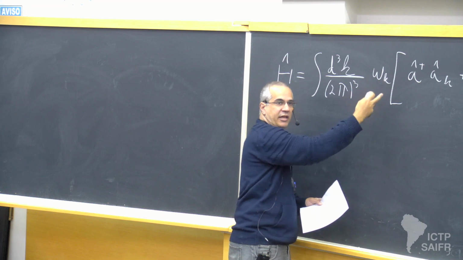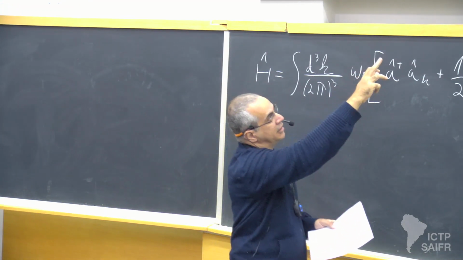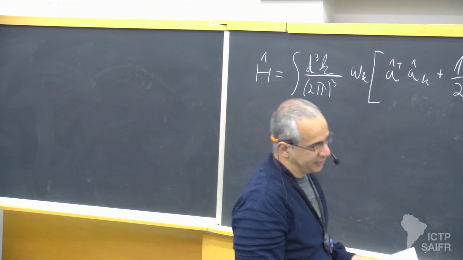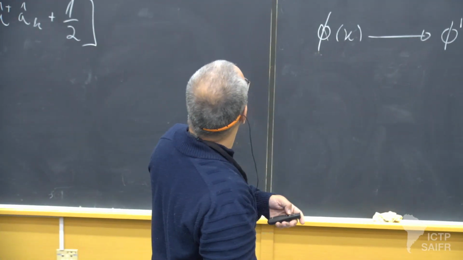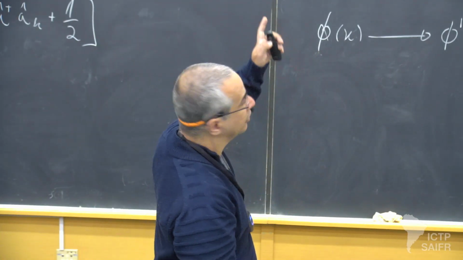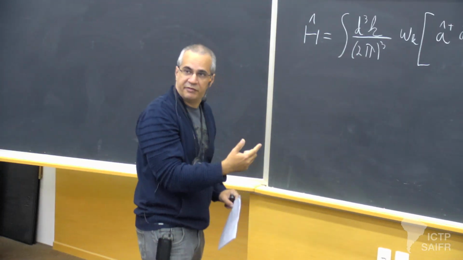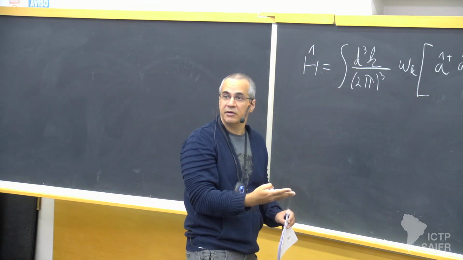For each k that is allowed in the box, I'll have a frequency determined by that parameter which I like to call mass. The expression for omega was in the previous slide. If I can go back to it, this is the expression for omega. So for each momentum I have a different omega. The smallest one should be with momentum 0, just the mass.